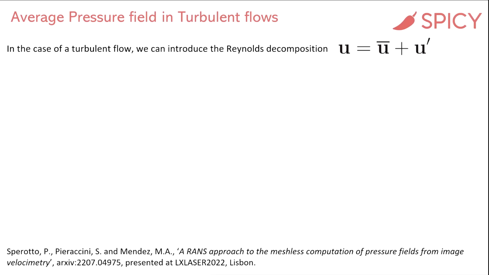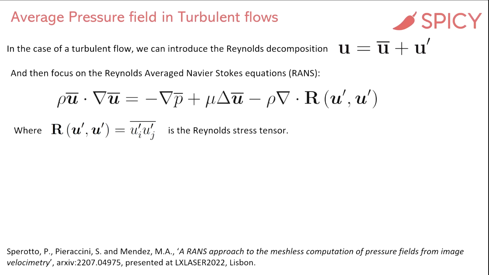Here the bar denotes average, and the prime denotes the fluctuations. Now this is the natural setting in the so-called Reynolds average Navier-Stokes formulation of turbulent flows.